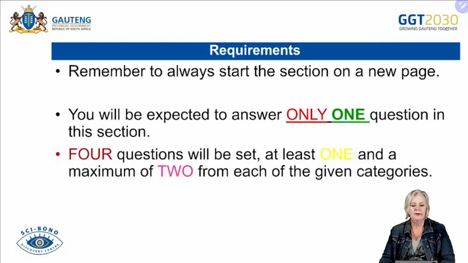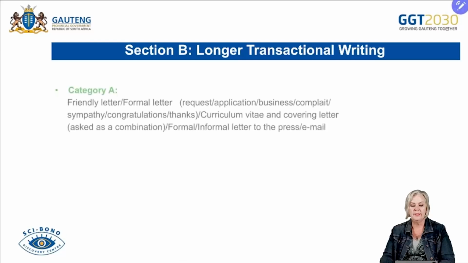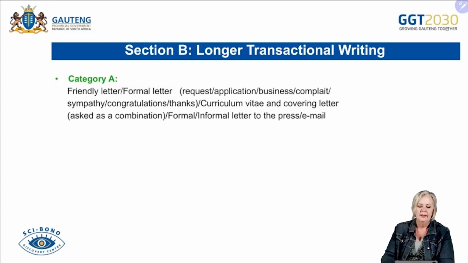Now let's take a look at the categories quickly. For the longer transactional texts, we have category A, which includes the friendly letter, the formal letter, and by formal letter, I mean it might be a letter of request, a letter of application, a business letter, a letter of complaint, a letter expressing sympathy, a letter to congratulate, or a letter of thanks.